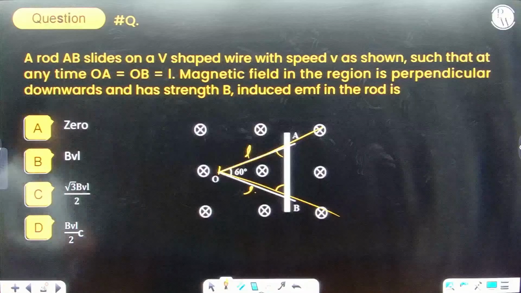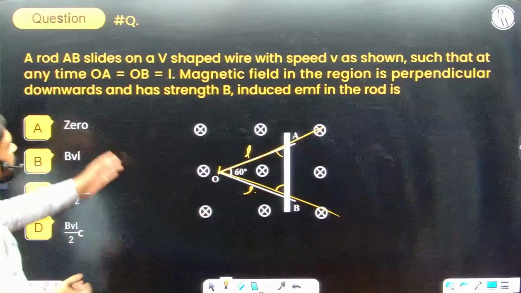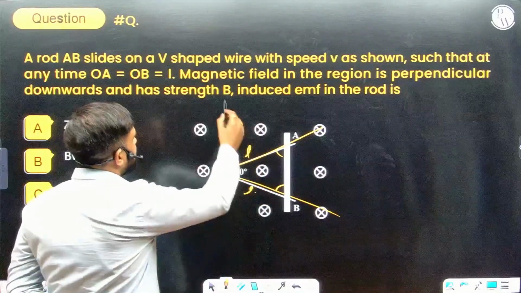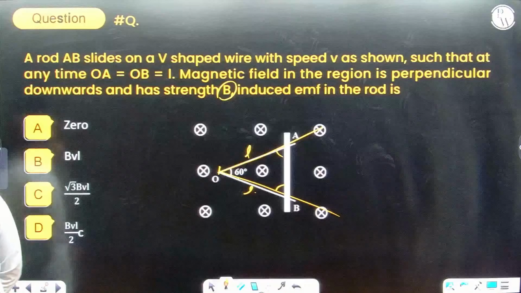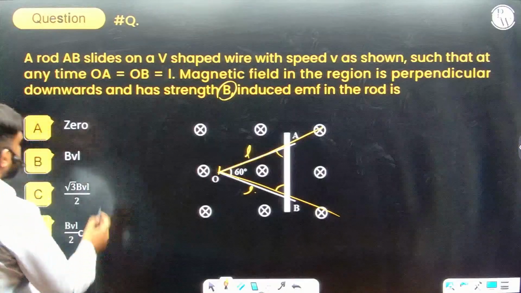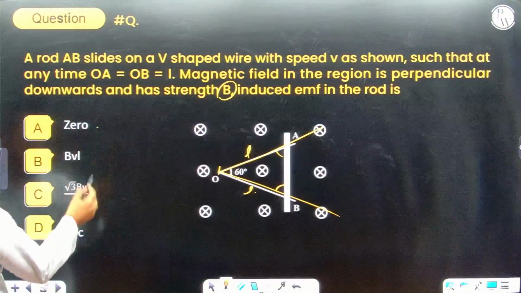The magnetic field in the region is perpendicular and into the plane, and it has magnitude this. The induced EMF in the rod will be 0, BLV, or this.